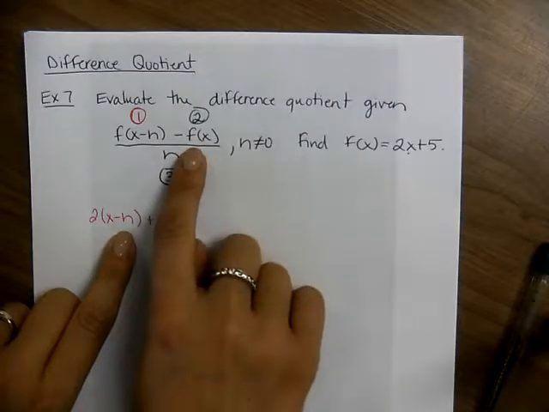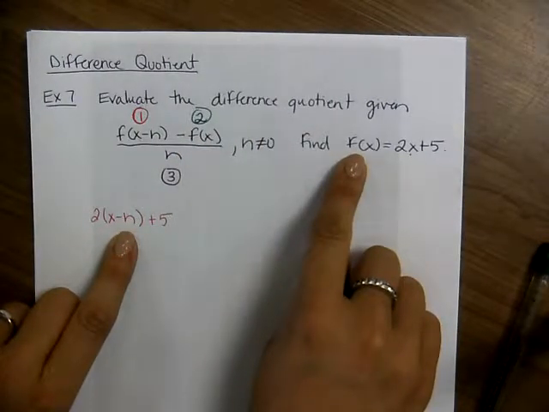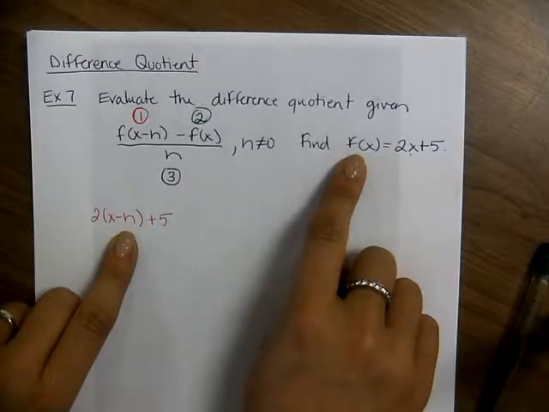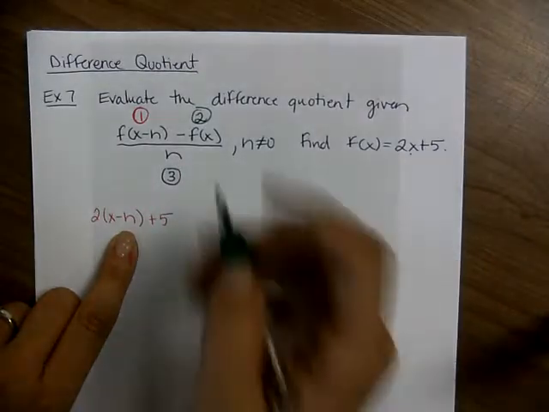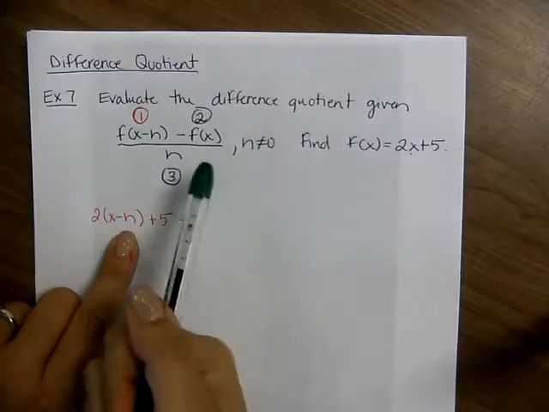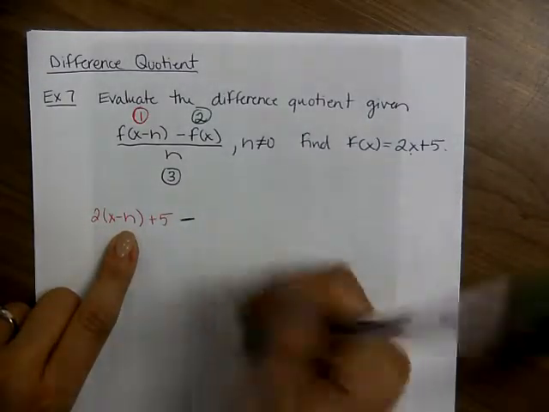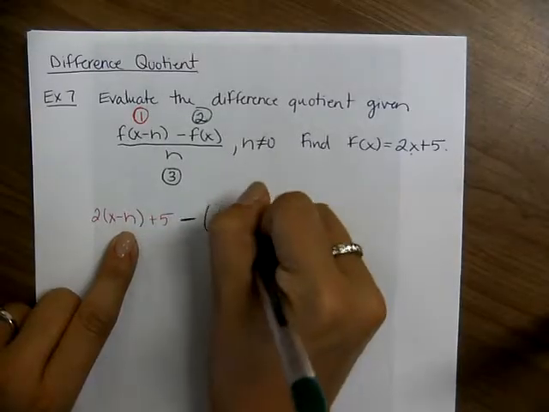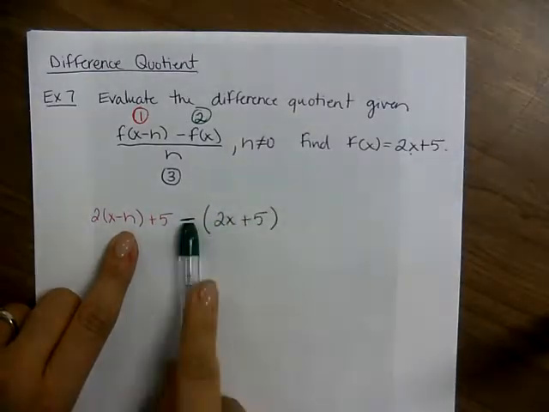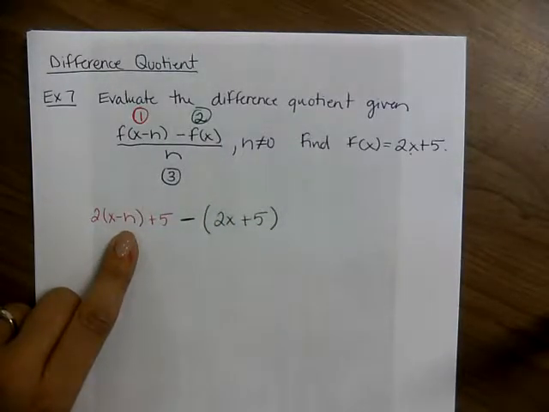Step 2 says subtract f of x. Well, isn't this f of x? So now here's the part where students always make a mistake. When you subtract this, you're subtracting the entire f of x. So when I plug in f of x, I'm putting parentheses around this whole thing so I can remember to distribute to the 2x and to the 5.